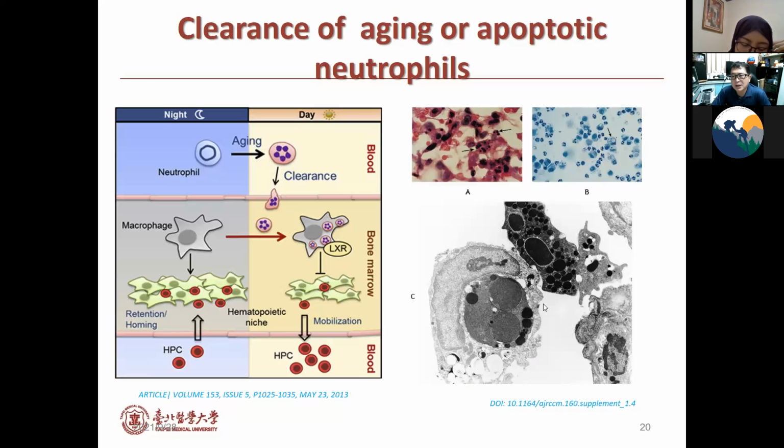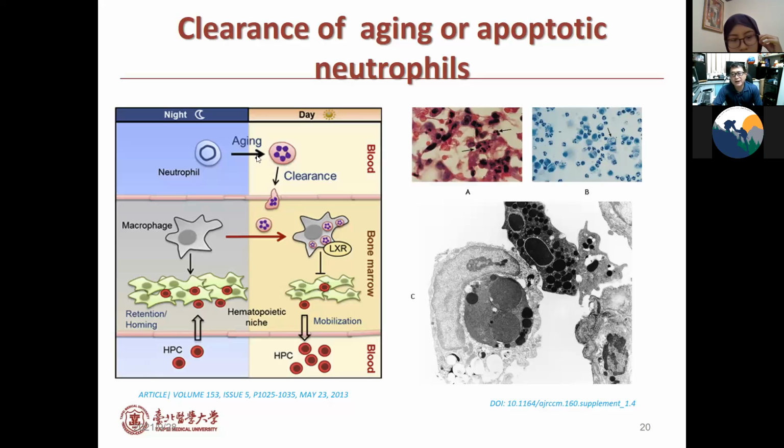This image shows you the clearance of aging, apoptotic neutrophils by macrophages through phagocytosis.